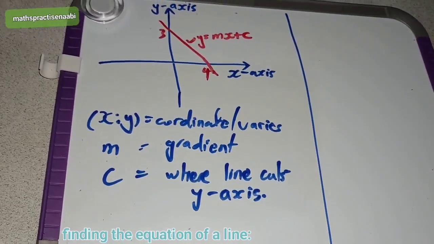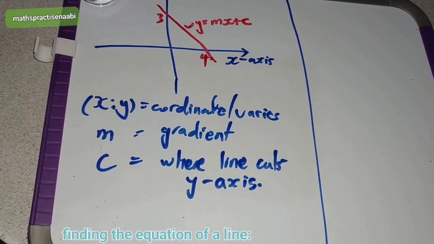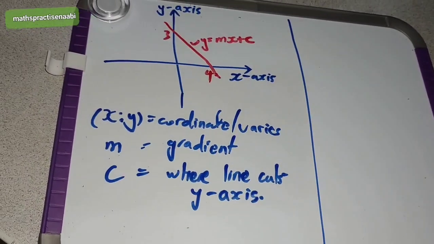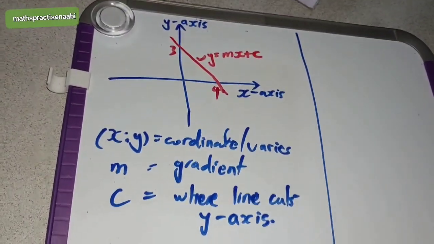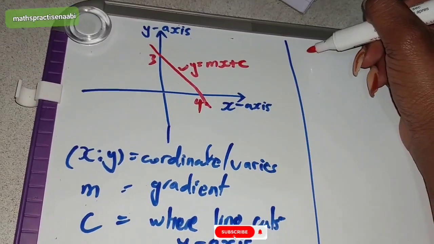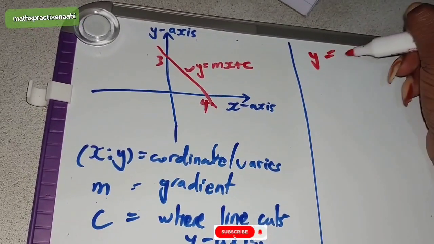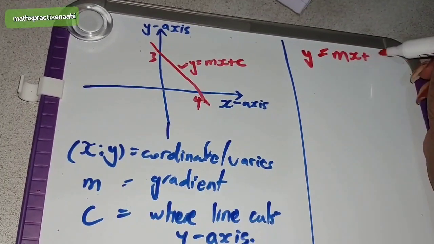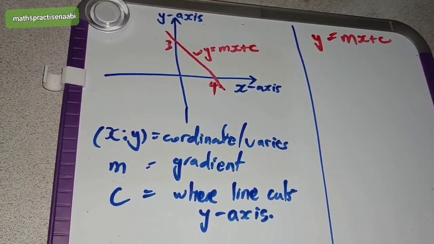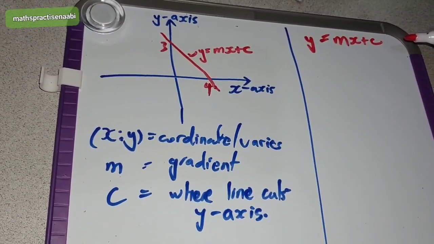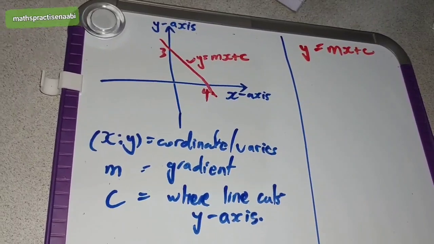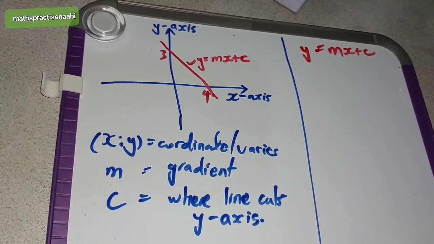Okay, so for example, we already have a line, thank God. So like we said, the general equation of a line is y is equal to mx plus c. Okay, so y and x, there are two methods to find the equation of a line.